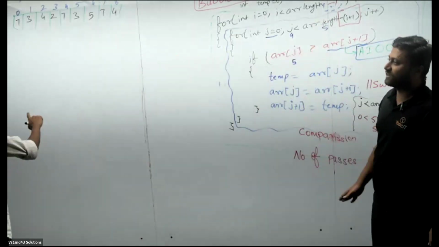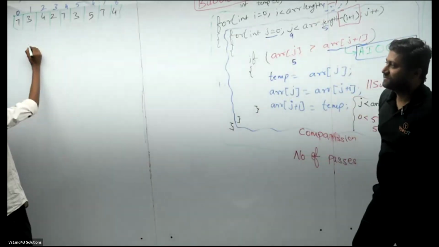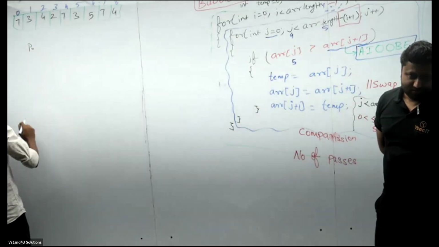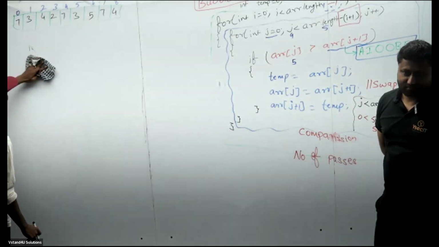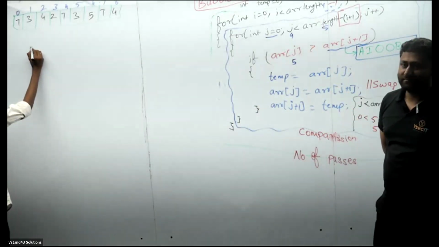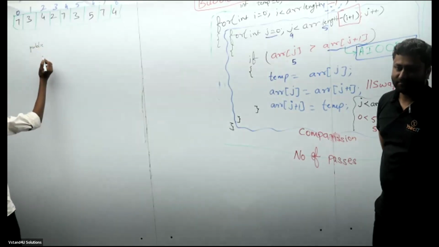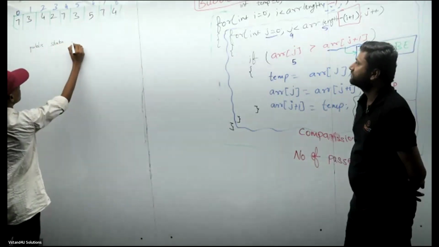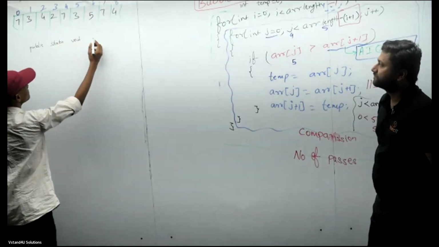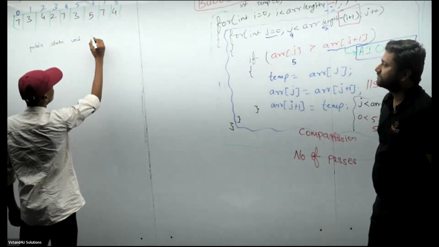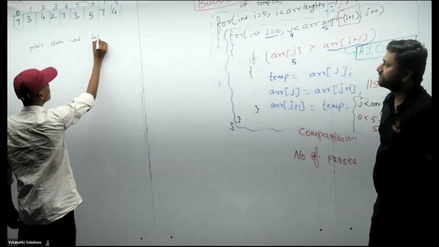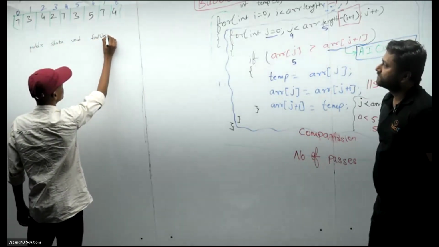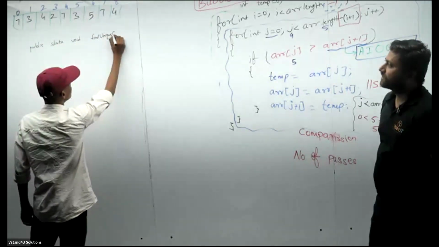After this logic, you're writing what? And unique elements.